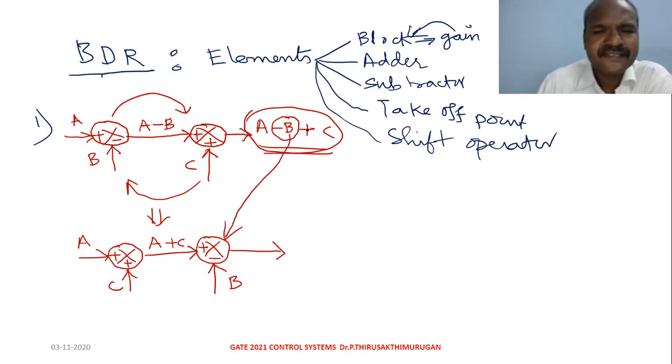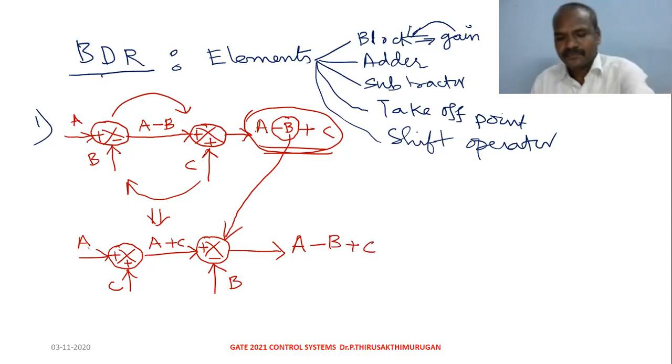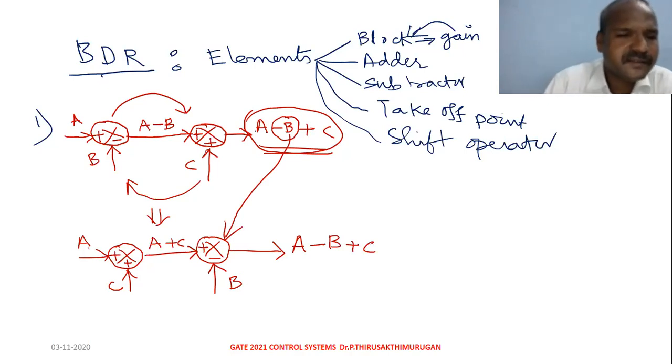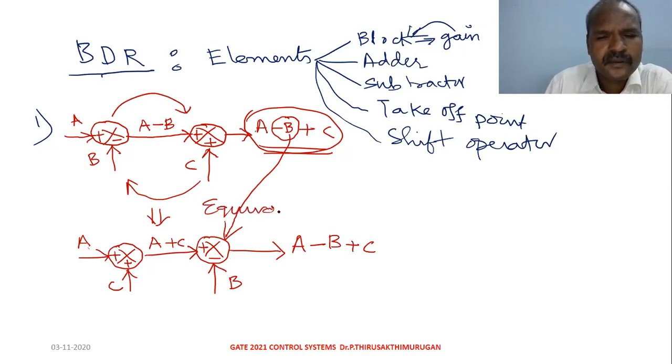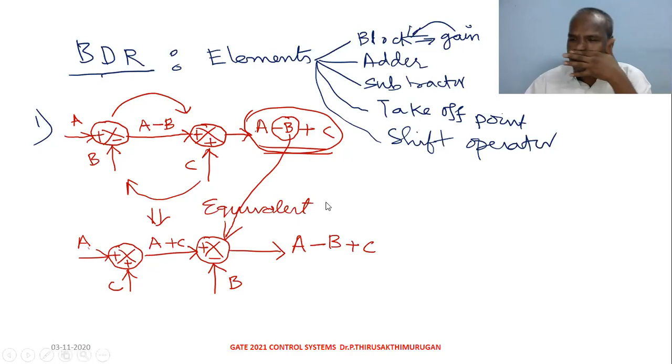So first you add these two, A plus C, then subtract B. The resulting output is A minus B plus C. Same thing we get. This is one equivalent, so this is equivalent to this. Another, number 2.